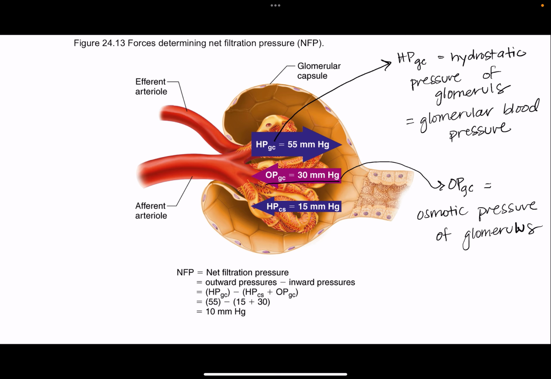The proteins, all of that is still in the blood. And then this hydrostatic pressure down here is hydrostatic pressure of the capsular space, because we'll have fluid in here from making that filtrate, from filtering out from the blood. And so there is going to be some outward pressure on the outside, from the fluid on the outside. So this is hydrostatic pressure of the capsular space.